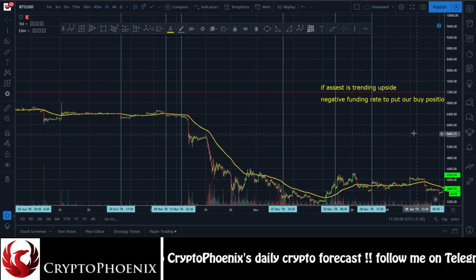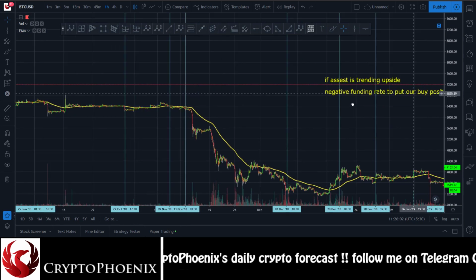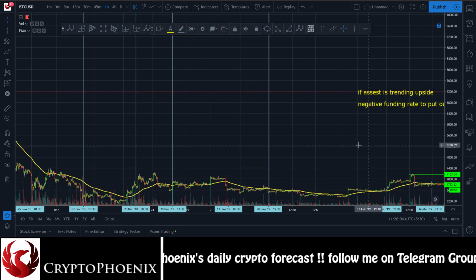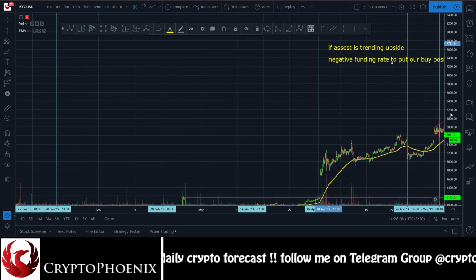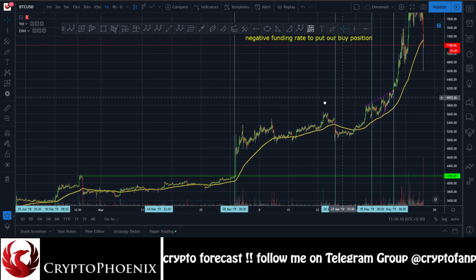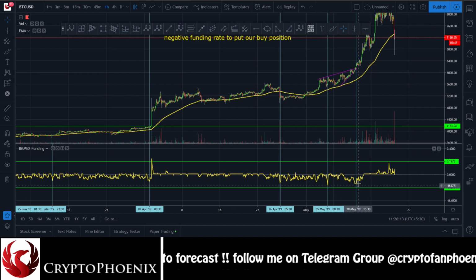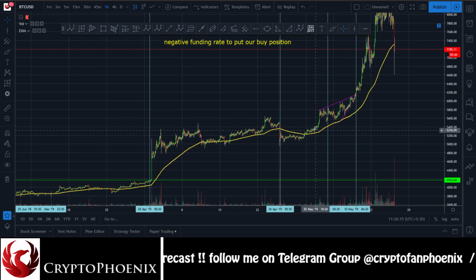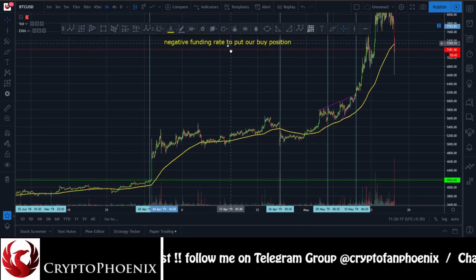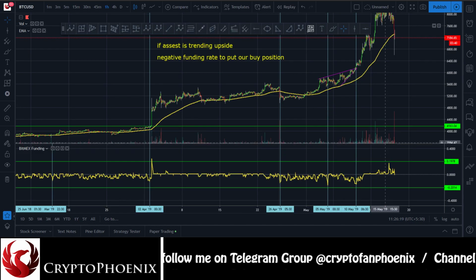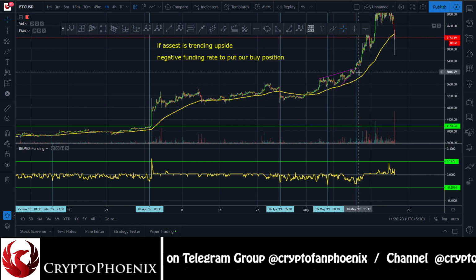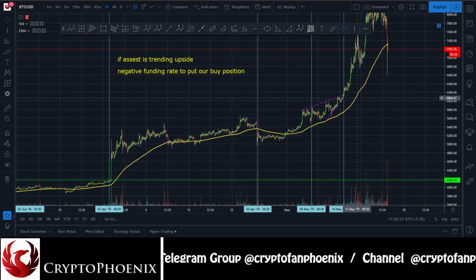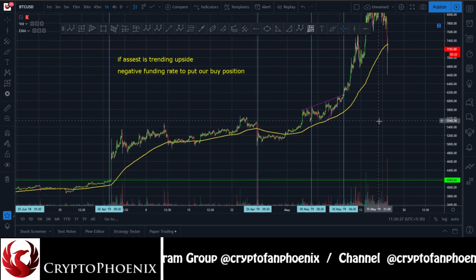That asset is standing upside, right? Here we can see three examples where the funding rate was actually negative. The asset is trending upside. We find the negative funding rates, we mark those points, and we will add a long position right there.